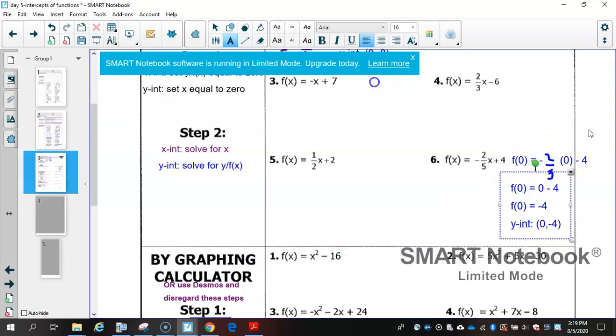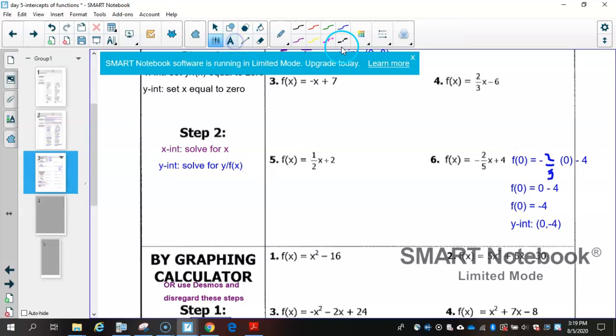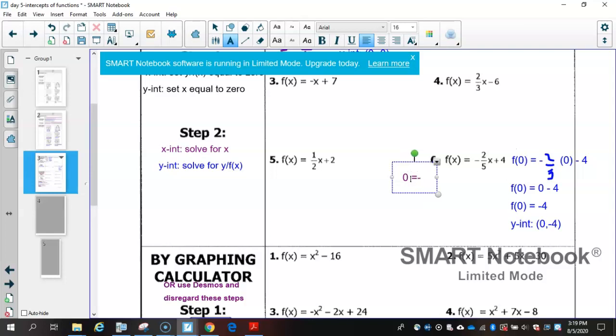Okay, then we can go back and we can solve for our x-intercept. And with our x-intercept, f of x needs to be 0, and we need to solve for x. Again, I'm going to leave that space so I can type that in. Oh, I'm sorry, I just realized this was +4, not minus, so I did that a little backwards.